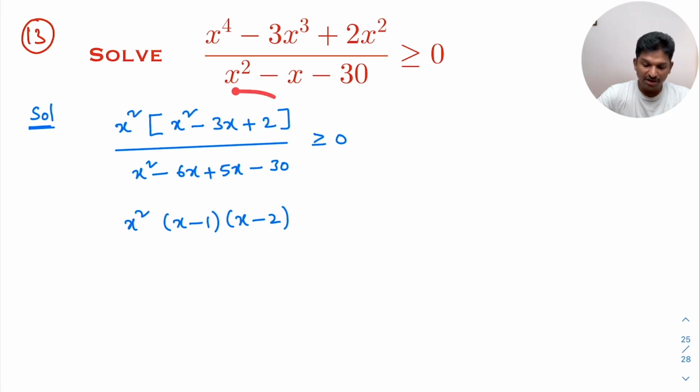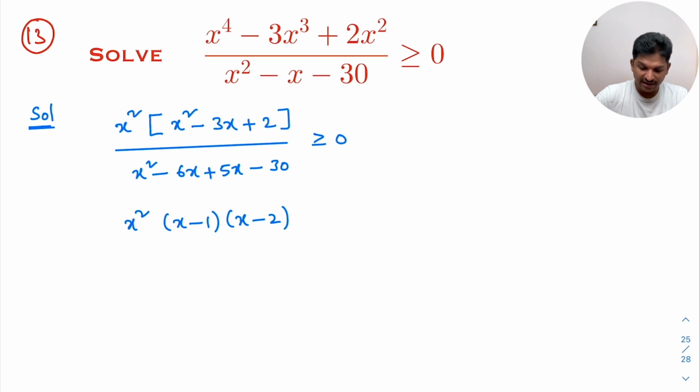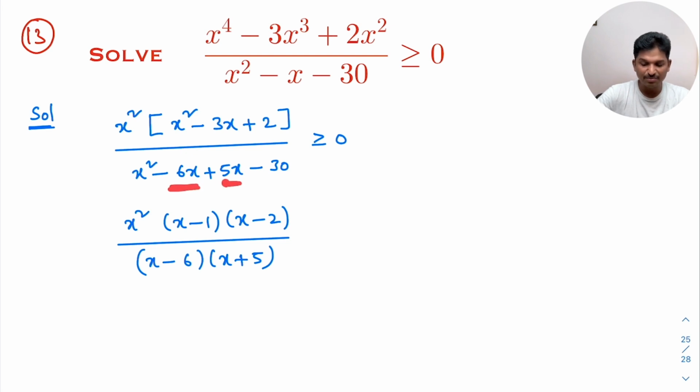You know how to split the middle term, right? That's why I'm not doing it separately. Divided by: if you split the middle term into linear factors, you will get x minus 6 into x plus 5. By seeing this, you can easily say minus 6x plus 5x is there. So you will get it like this.